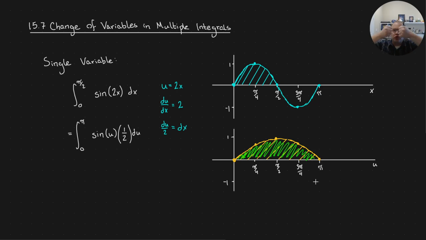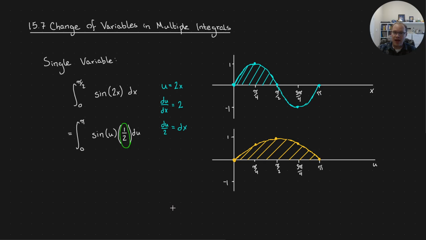I stretched it out so it's 2 times as long as it was before. Which means, what's happened to the area? The area that is in here that I actually want to know, if I stretch it out this way by changing variables, it's now twice as much area as I had before, which is why I need that factor of 1/2.